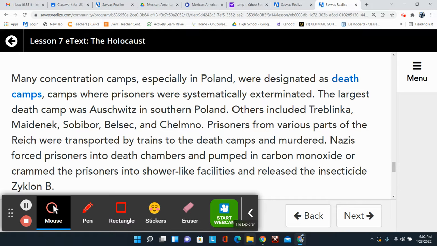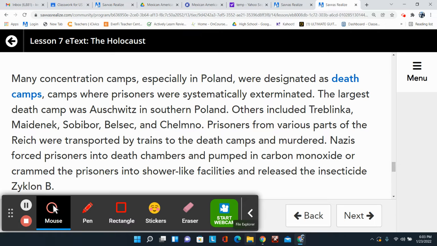Many concentration camps, especially in Poland, were designated as death camps, camps where prisoners were systematically exterminated. The largest death camp was Auschwitz in southern Poland. Others included Treblinka, Majdanek, Sobibor, Belzec, and Chelmno.